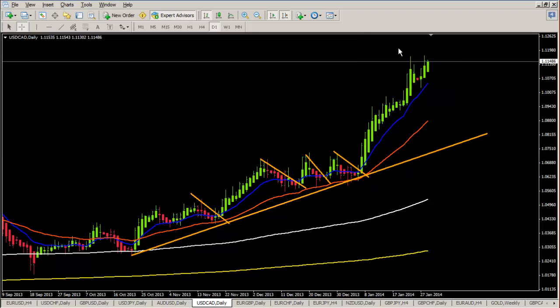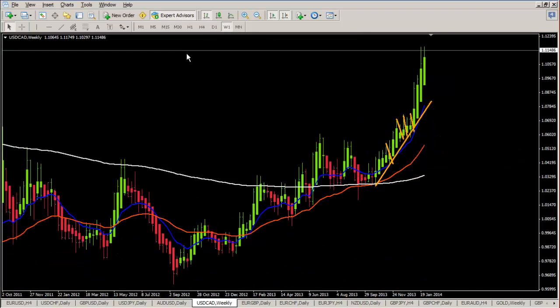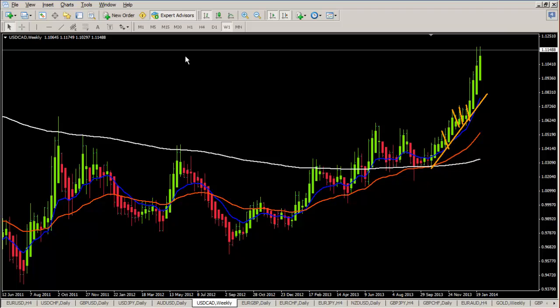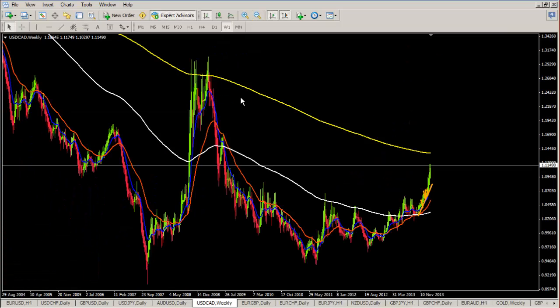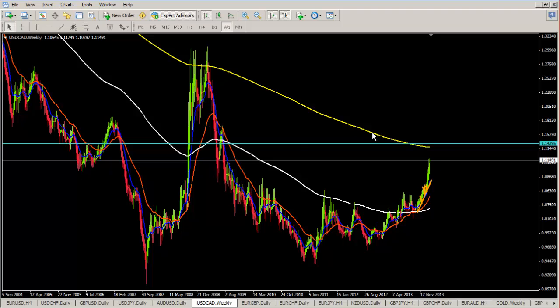Almost 500 points. Look at this weekly chart, right? The candles are still getting bigger. That really looks like it wants to go and hit 633, this area here, previous support and resistance, 1.13 to 1.14.